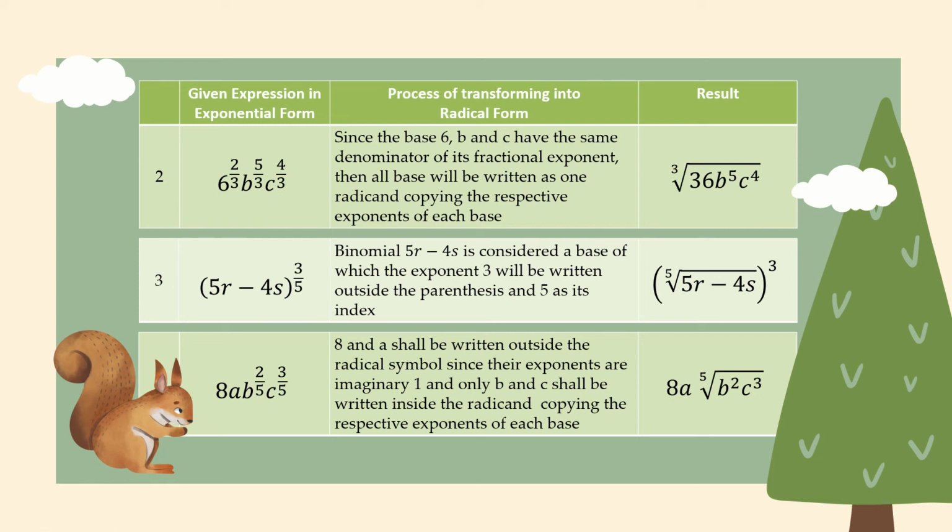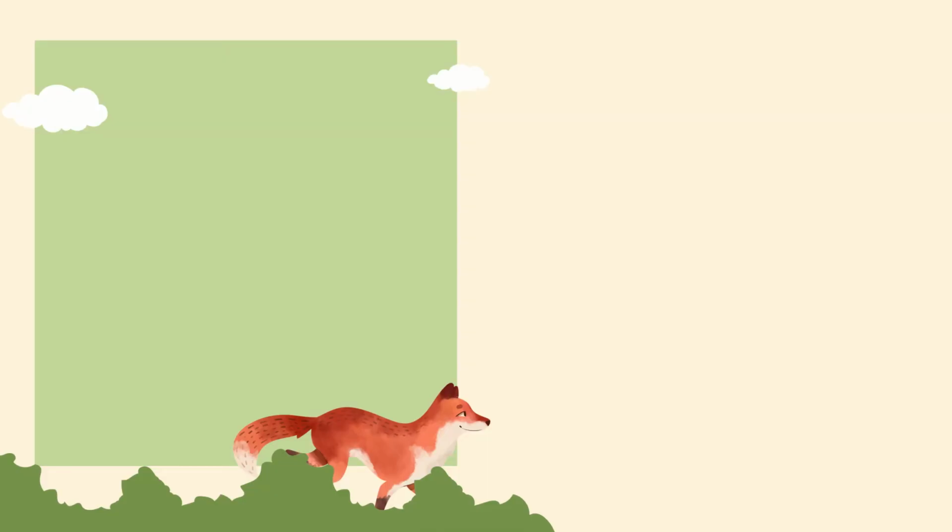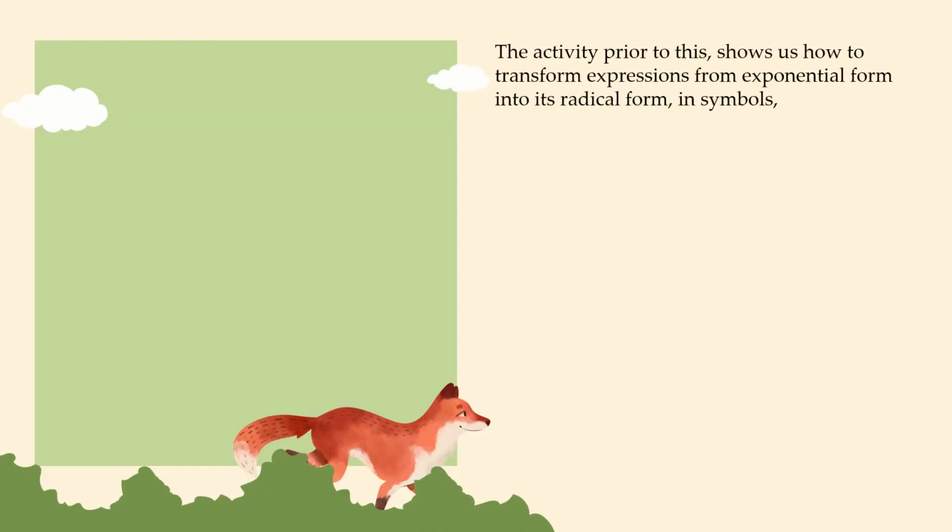So, your memory about module number 4 is now refreshed. Okay. The activity prior to this, the refresher, shows us how to transform expressions from exponential form into its radical form, which in symbols is base x exponent m over n can be written as the nth root of base x exponent m, or the nth root of x, the whole expression raised to exponent m.